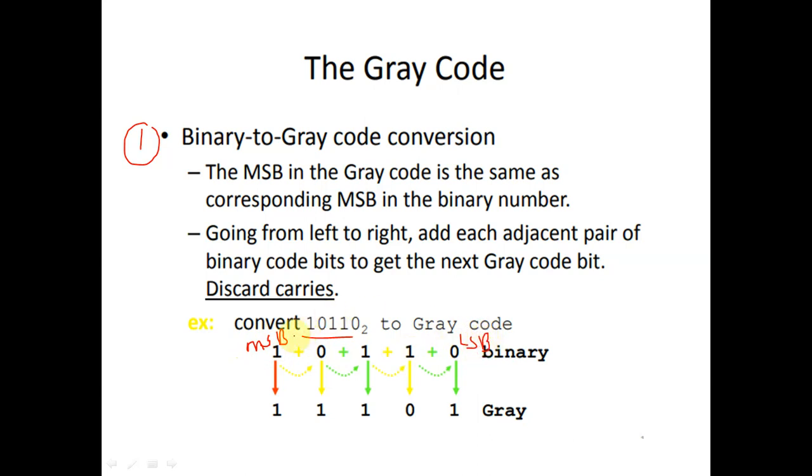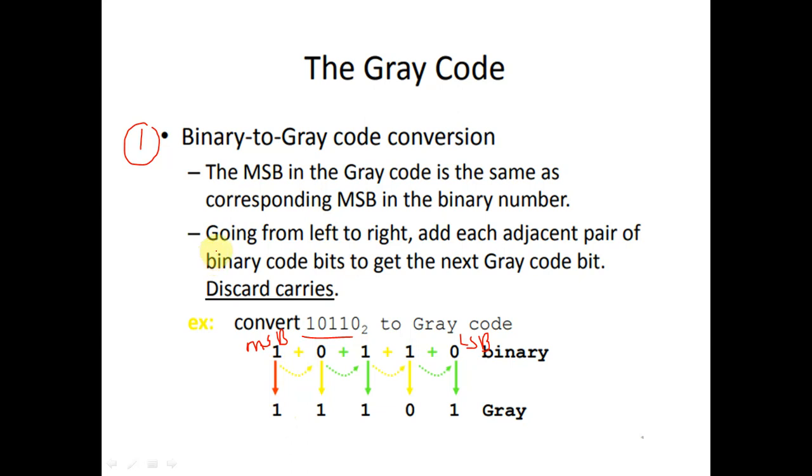The MSB of the binary and the MSB of the Gray are both the same. Binary number MSB and Gray number MSB are the same.